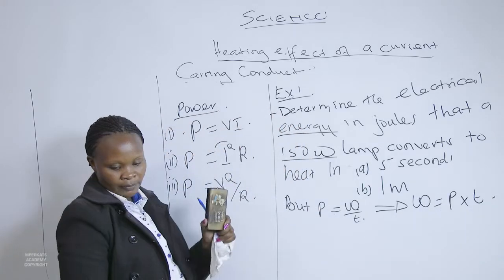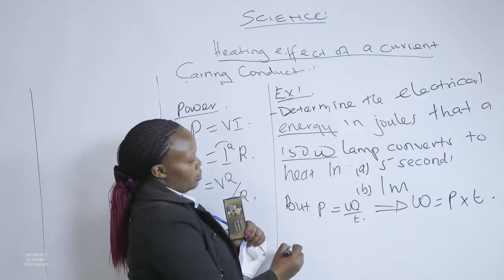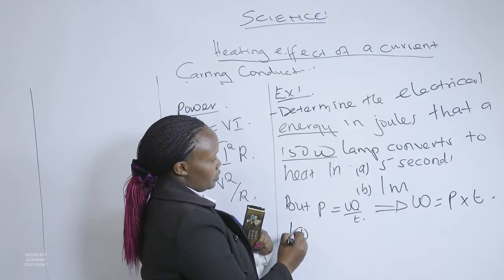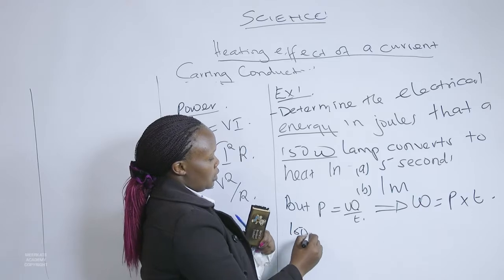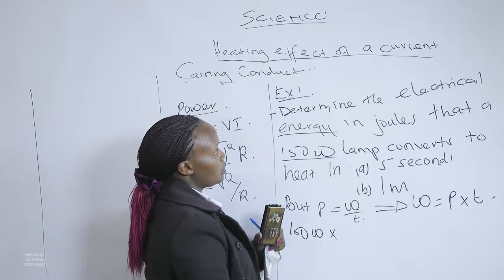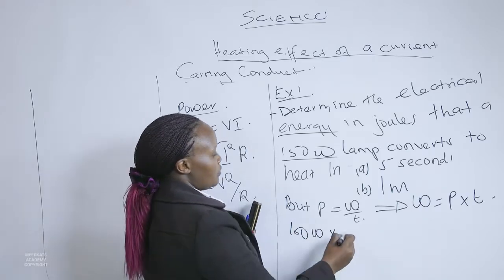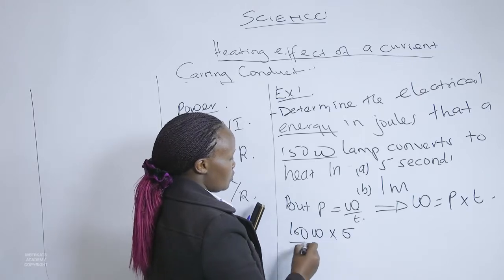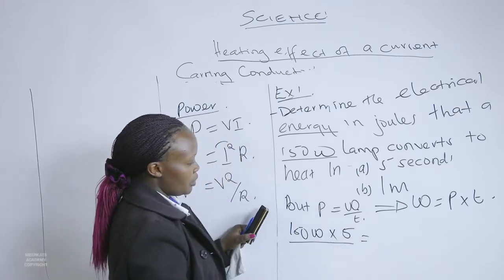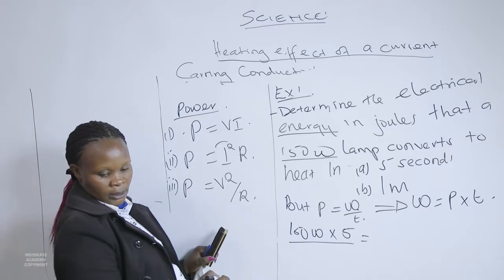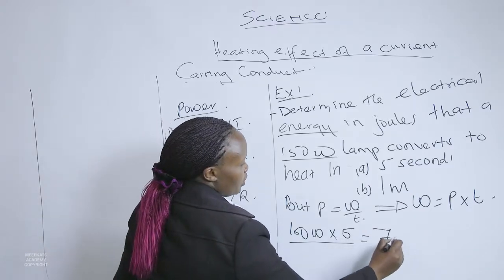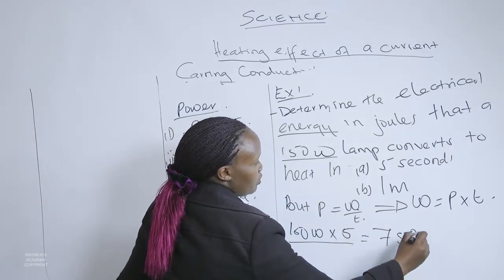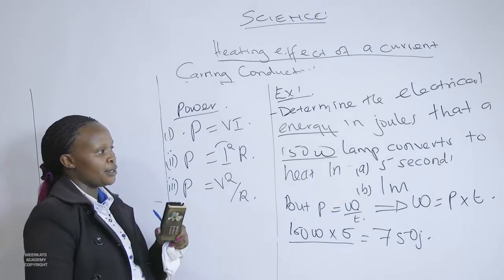So part A, power is 150 watts and time is 5 seconds. So the amount of energy will be given by the product of that, which gives you 750 joules.